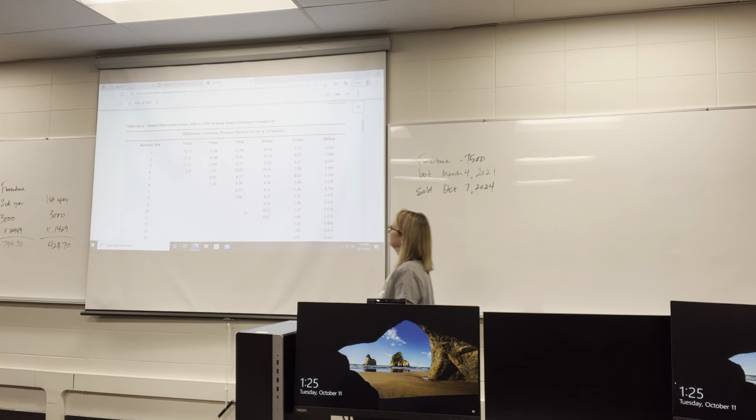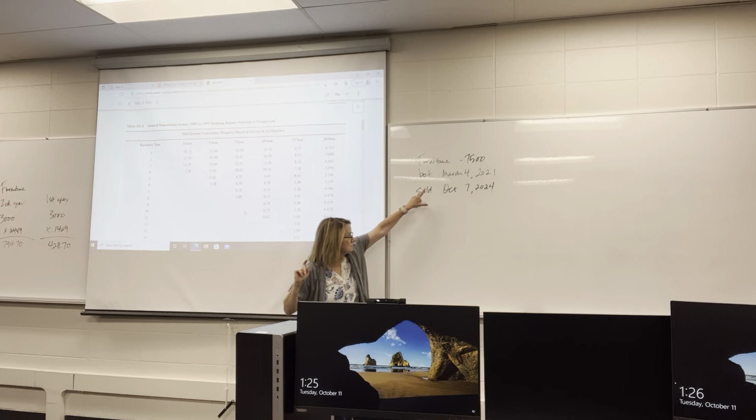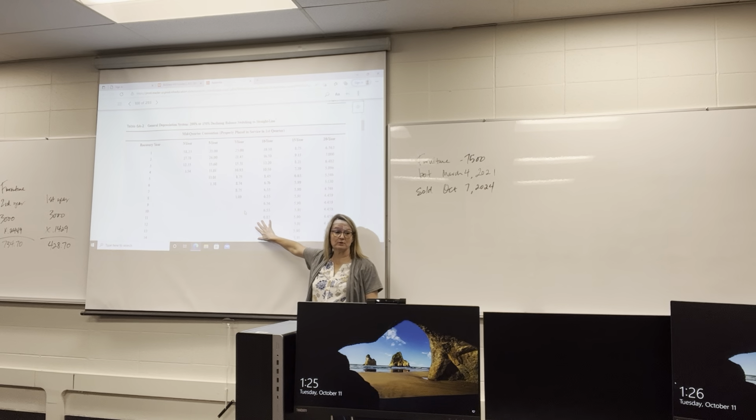Use the same example for this. Mid-quarter convention, we have four tables. First one, it says right up in the title, placed in service in the first quarter. So we would use this table in the year that we placed it in service.